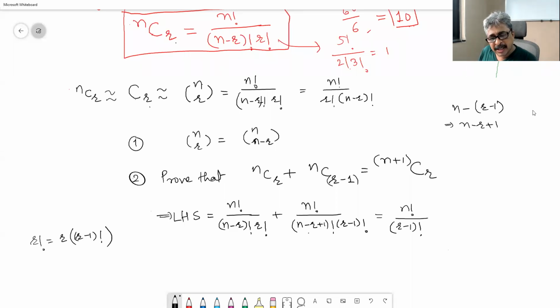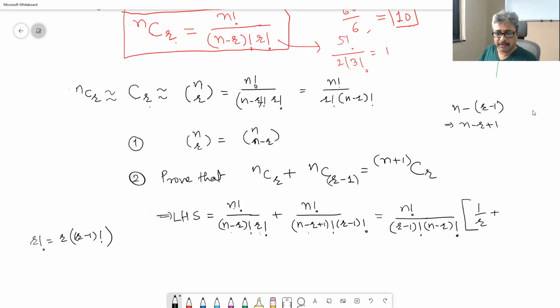So N minus R plus 1 is bigger than N minus R. Therefore, you can take out N minus R factorial common. Now N factorial is there, N minus R factorial is there, and R factorial. Out of R factorial, we have taken out R minus 1 factorial common. Therefore, the first term will be 1 upon R.